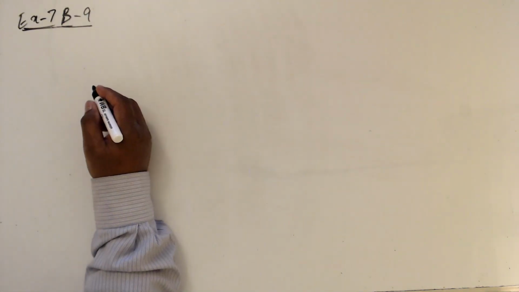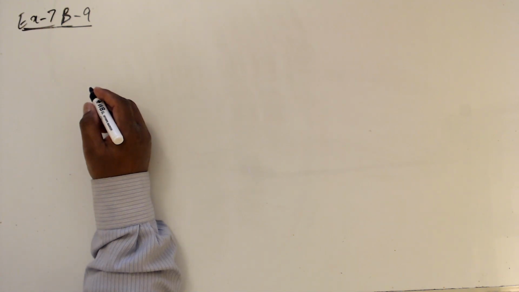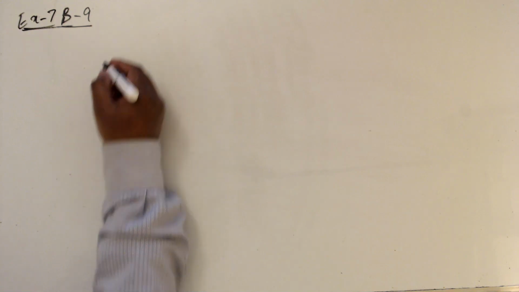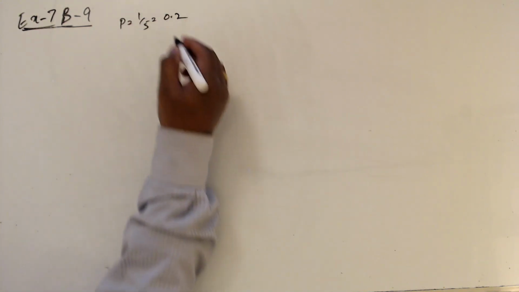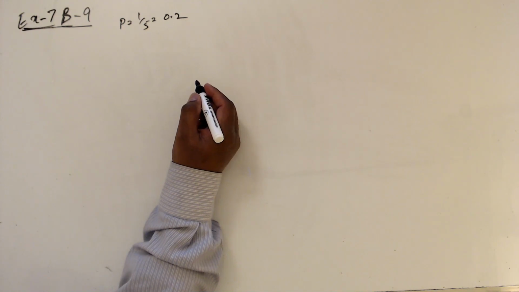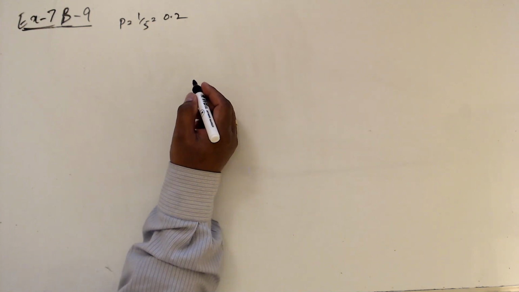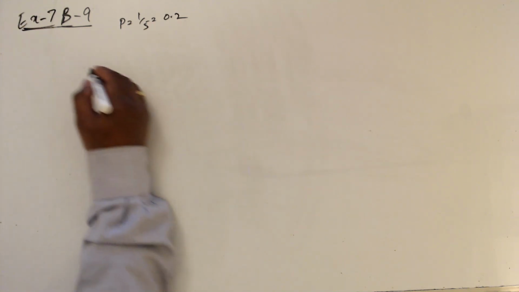Question number 9. The restaurant owner noticed that her customers typically choose lasagne 1/5 of the time. So p is 1/5, 0.2. She changed the recipe, and she believes that customers changed the proportion choosing lasagne. Now suggest a suitable model.